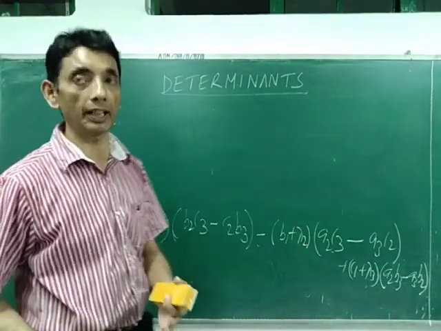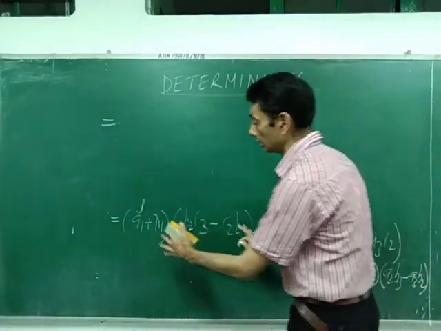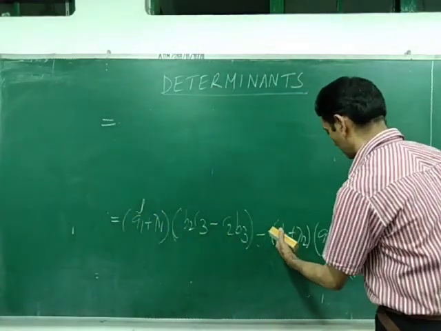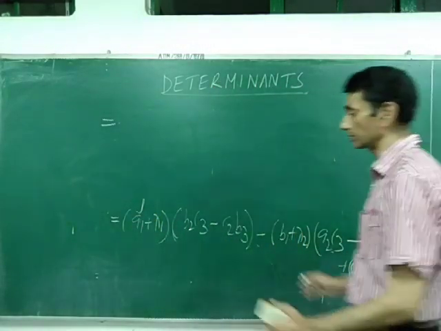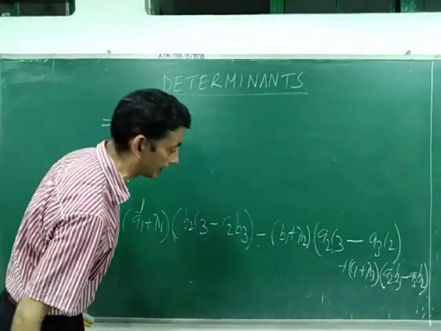The very simple way to simplify this is, first we combine all the terms multiplied by A1, B1 and C1.